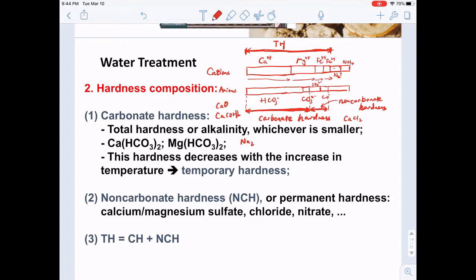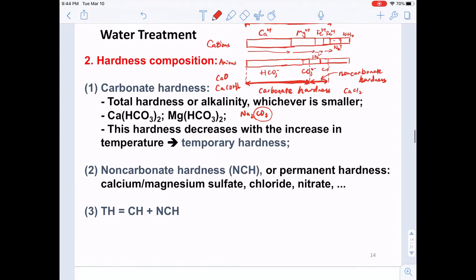Soda is mainly composed of sodium carbonate, right? By introducing sodium carbonate, we're providing more carbonate into the species. So basically, we're enhancing the carbonate concentration, right? In that way, it can further react with the calcium chloride to remove these non-carbonate hardness, okay?